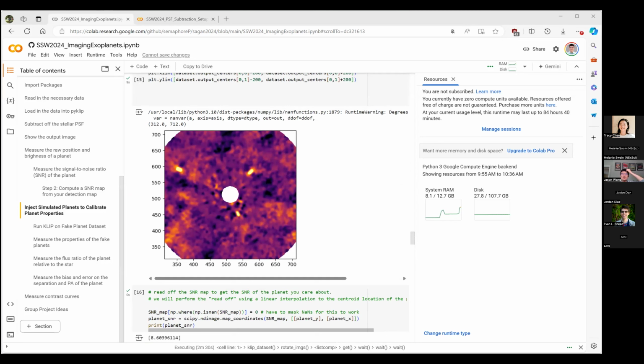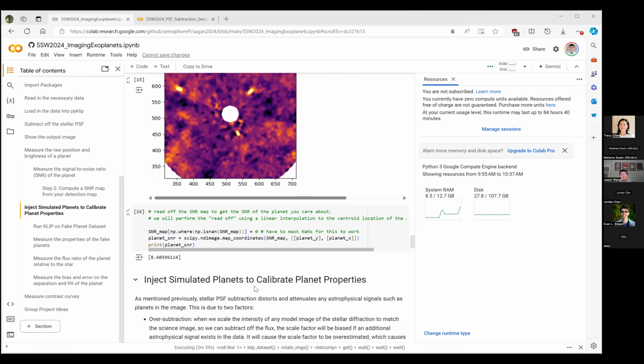If you are trying to assess the five sigma contrast limit on a data set with no planets and have to calibrate against self-subtraction, is there a rule of thumb for how bright your planets should be and how many you should inject? If you're talking about real science data, you want to inject your planets at roughly your 5 sigma detection limit. You're going to have to experiment a little bit because you don't know a priori the first time around how much signal loss or signal attenuation you get from the PSF subtraction process.